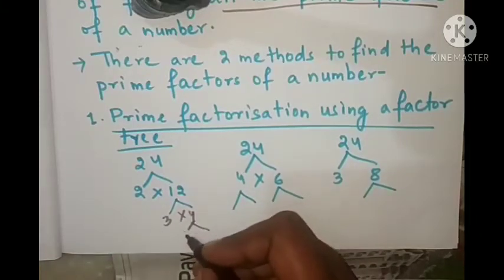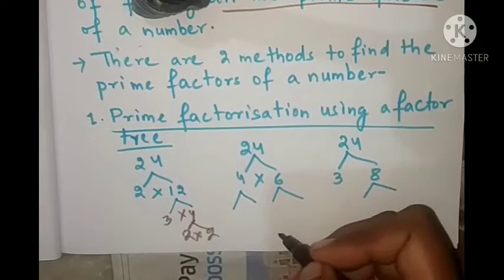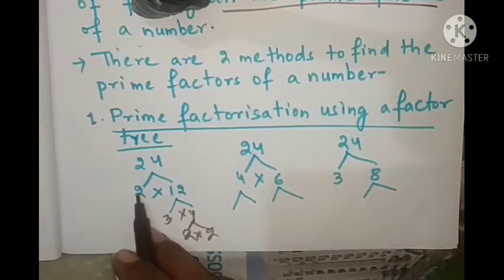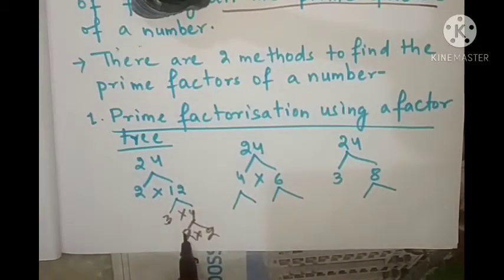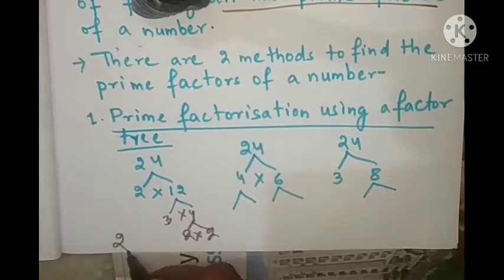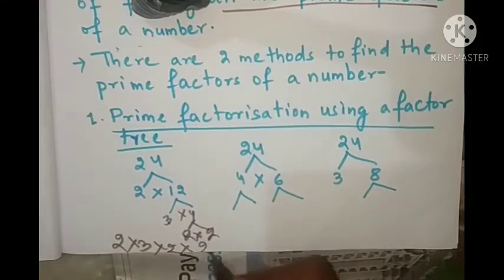Okay. 4 is 2 into 2. So lastly what did we get? 2 into 3 into 2 into 2. Look, all the prime factors we have got.